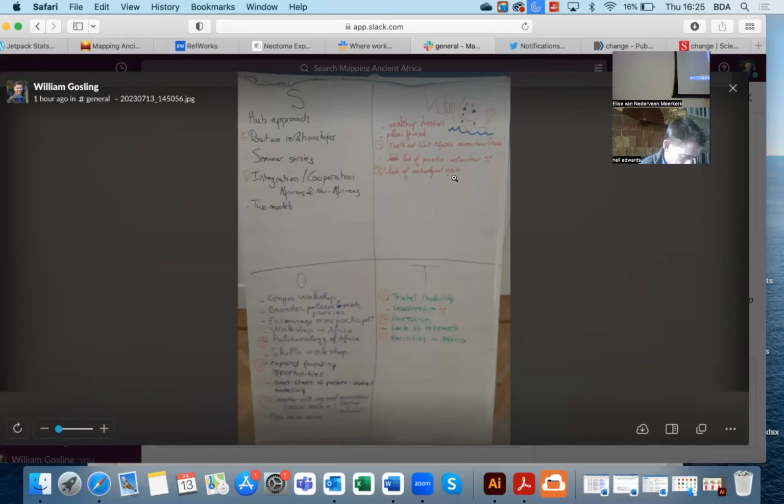So yeah, just the result of our group. Of the few things that we really enjoyed, the S, what was the S? Strengths, the strengths of the project. We really liked that at the beginning, the hub approach that was developed, to put people from within the region together.